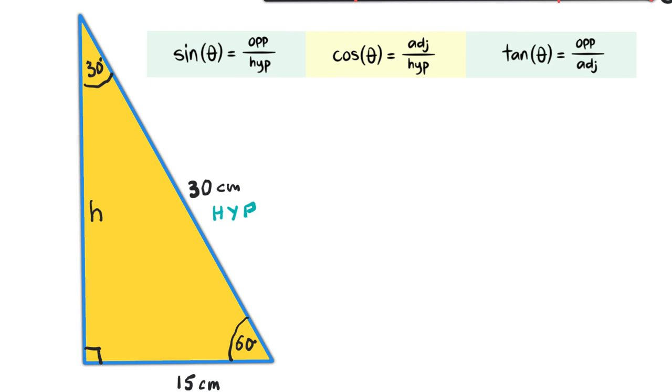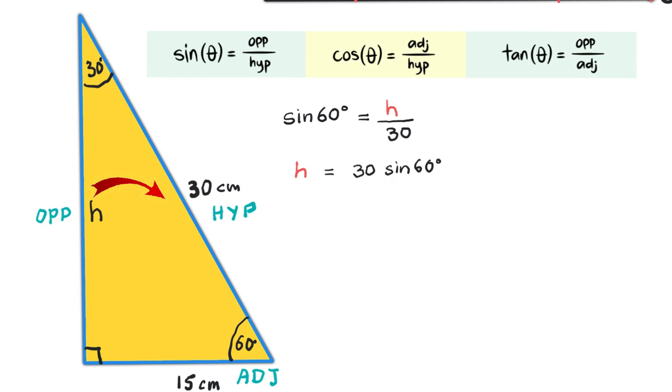If we use angle 60, this one, then in that case h will be our opposite side and the base will be our adjacent side. So we are able to use the ratio sine theta is opposite over hypotenuse, which is sine 60 is equal to h over 30. So h now will become 30 times sine 60.